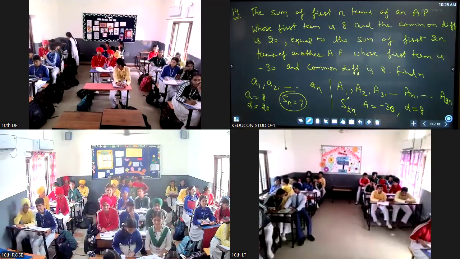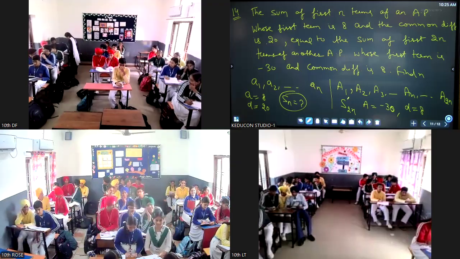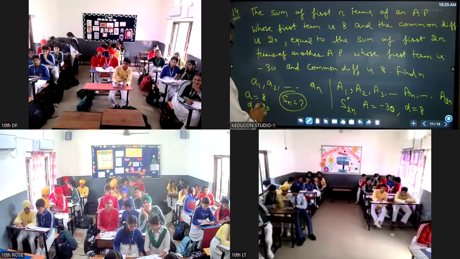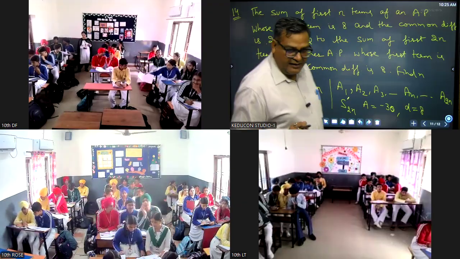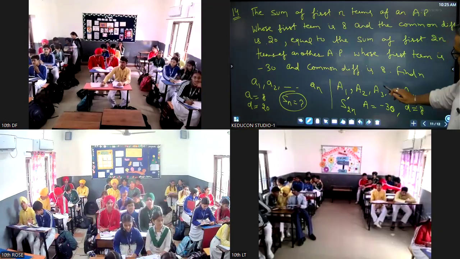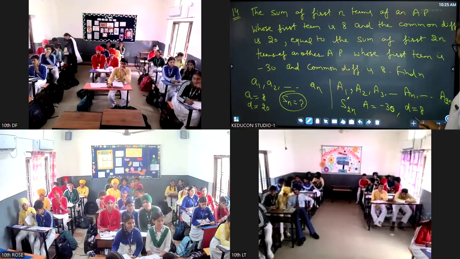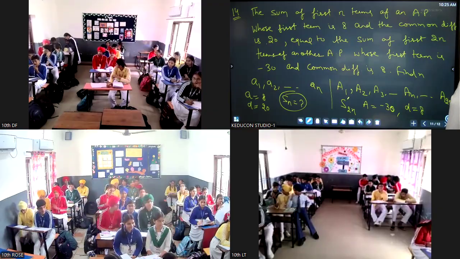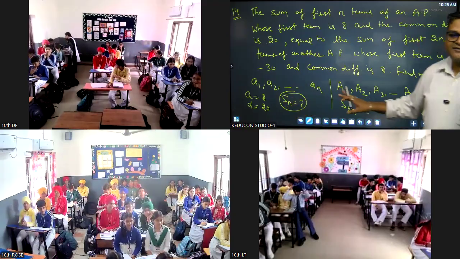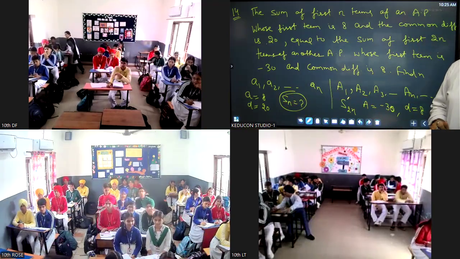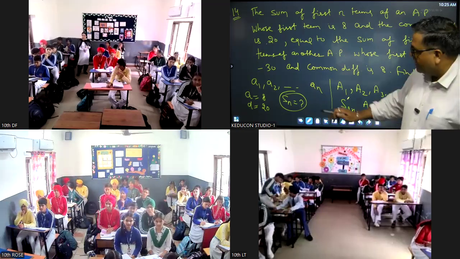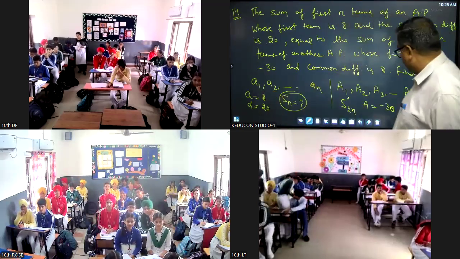देखिए बेटा, यहाँ पे हमारे को 2 AP गिवन है बेटा, 2 अलग अलग सीक्वेंस गिवन है. पहला जो AP है बेटा, उसकी फर्स्ट टर्म 8 है. फर्स्ट AP की फर्स्ट टर्म 8 है और कॉमन डिफरेंस 20 है. दूसरा जो AP है उसकी फर्स्ट टर्म माइनस 30 है और कॉमन डिफरेंस 8 है. नाउ व्हाट इट इज गिवन, इस AP की n टर्म्स का सम इस वाले AP की 2n टर्म्स के सम के इक्वल है. यहां तक कोई डाउट? नाउ अब इसमें Sn का फार्मूला लगाया हमने बच्चों.